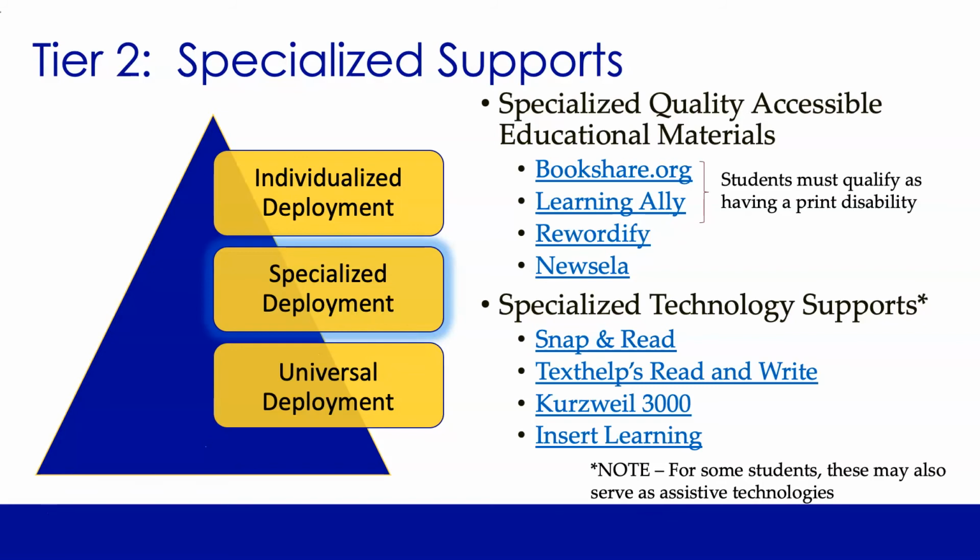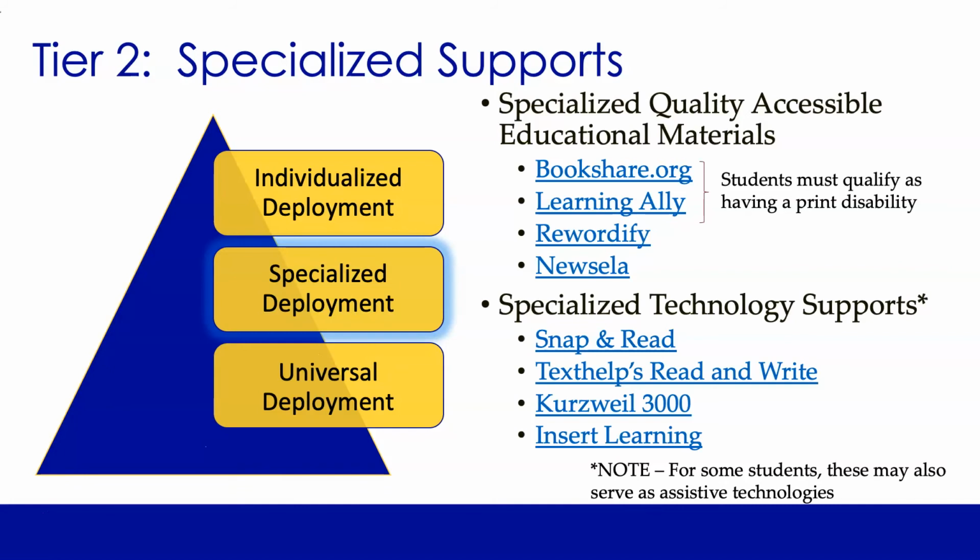When we start looking at more of those specialized technology supports, certain things like Snap and Read or Text Helps Read and Write, which in some cases might actually be universal technology supports as well, but these types of supports exist within a tablet or a computer-based system that allows students to read through text-to-speech what is on their display.